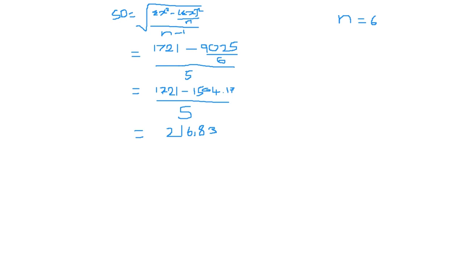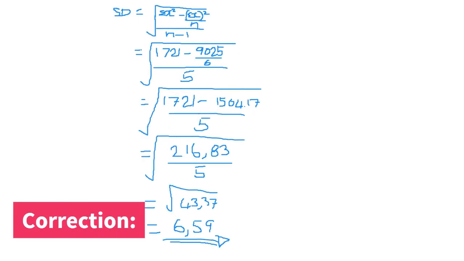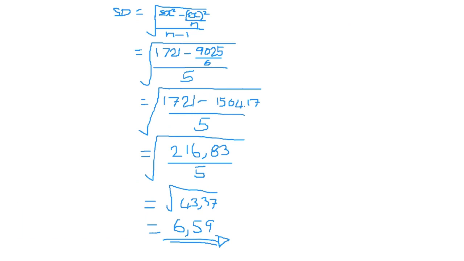What is that divided by 5? 43.37. Okay. Just a quick reminder here, guys, to carry the square root through. So we take the square root of 43.37, and we get 6.59. That is the standard deviation.